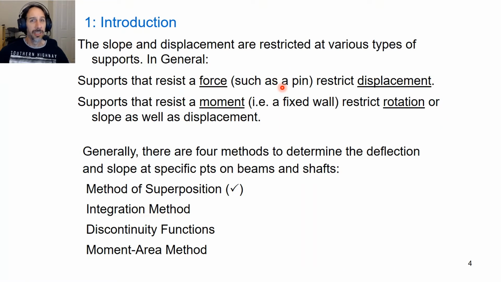Discontinuity functions, you may have covered this in mechanics of solids, and then moment area method you probably didn't cover in mechanics of solids. Moment area methods is usually reserved for statically indeterminate problems. But we're not going to look at that in this subject. That's another topic that you can look up if you need to later on.